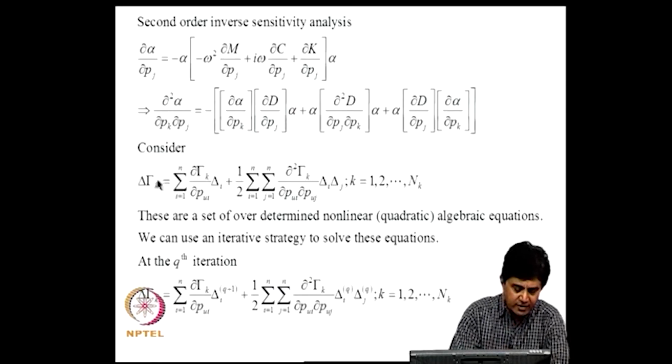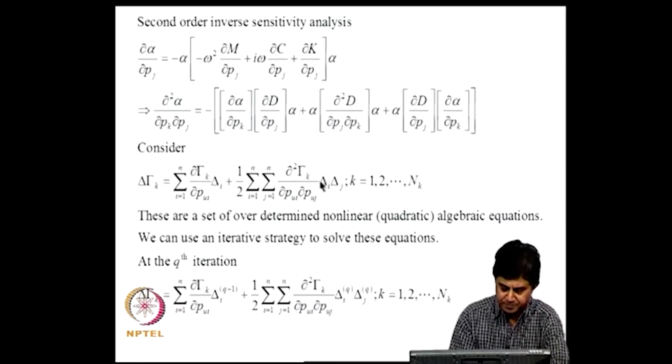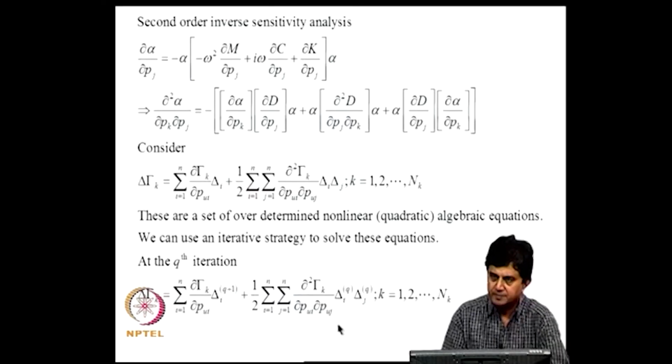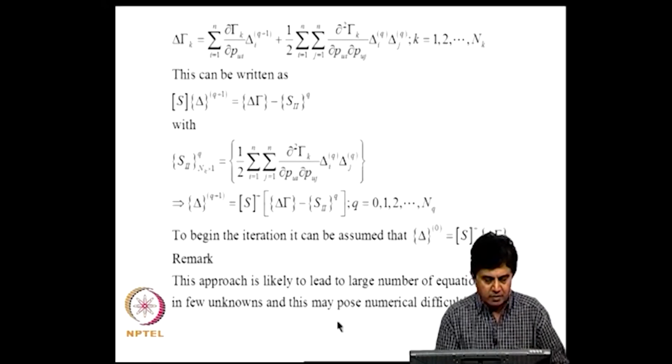Let us now consider the change in observed parameter using first order terms and second order terms. These are a set of overdetermined non-linear equations, in this case quadratic algebraic equations. We can use an iterative strategy to solve these equations. We start an iteration count q, and at the qth iteration step, for the second order terms I will use q plus 1 here and q here.